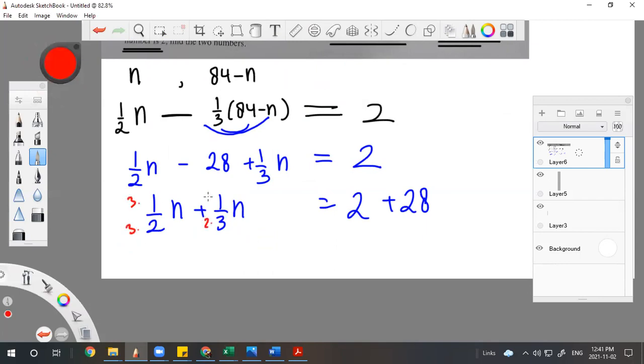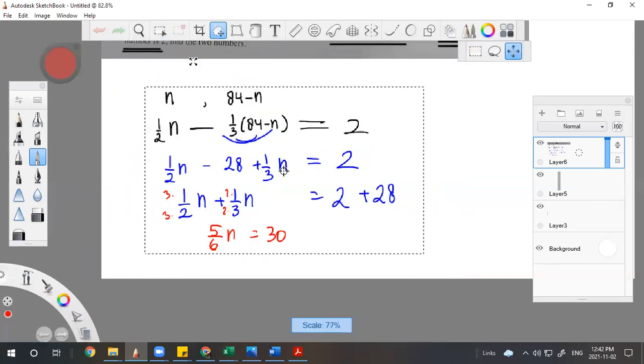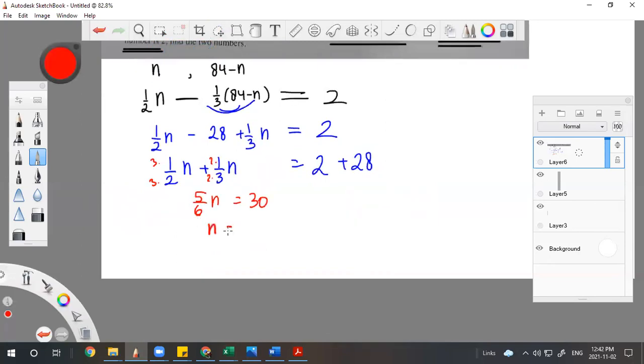Oke, ini times 3 times 2. 3 plus 2 berarti 5 over 6n, equals 30. Oke, saya kecilin sedikit biar muat tempatnya. Oke, so n equals 30 divide by 5 over 6 yang tadi ya. So n equals 30. Ini kan times jadi divide. Times 6 over 5. Okay, good.